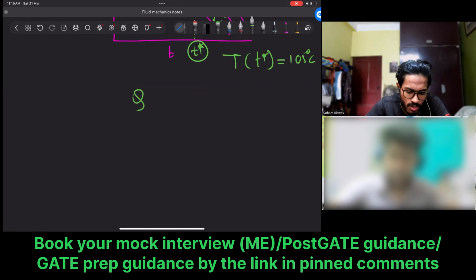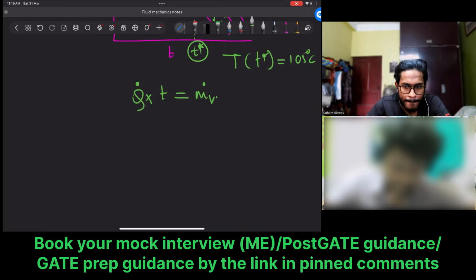Heat rate, q dot, into time is equal to the mass of the vapor that is being created, into T minus 100. Okay, no, leave it, that's it.